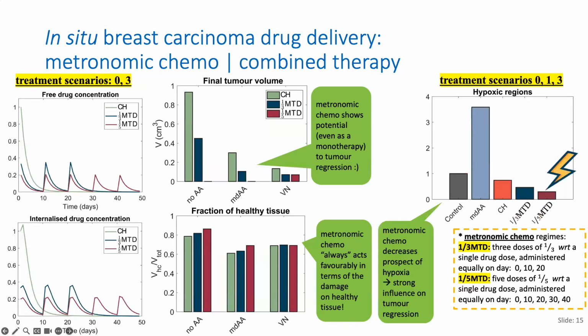Also, we note the importance of not only looking at the effect on the tumor, but on the healthy tissue, in the middle bar plot. This is the plot indicating the fraction of healthy tissue. We see that metronomic chemotherapy decreases the magnitude of hypoxia, which is another important factor that especially radiation physicists consider. Pronounced hypoxia means reduced effectiveness of the therapy.